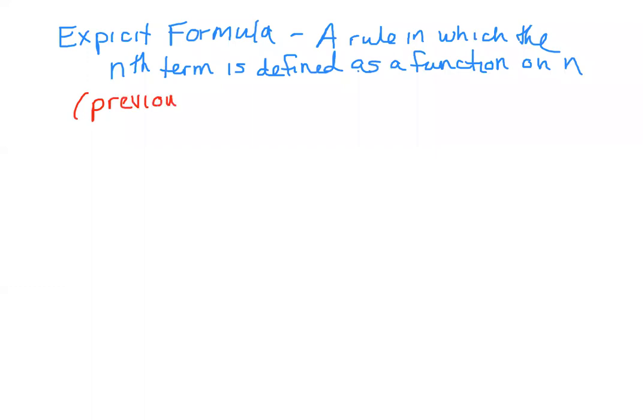Previous terms are unnecessary now. Okay, we don't need to know what the previous term is to find the nth term. So in some ways, this is a little easier, I think, and it's more helpful sometimes.